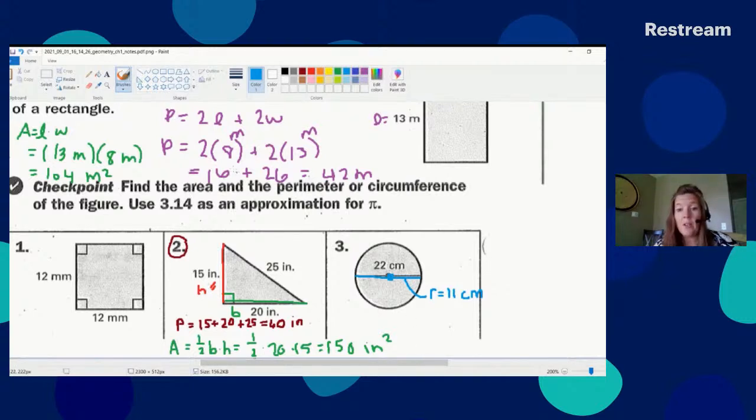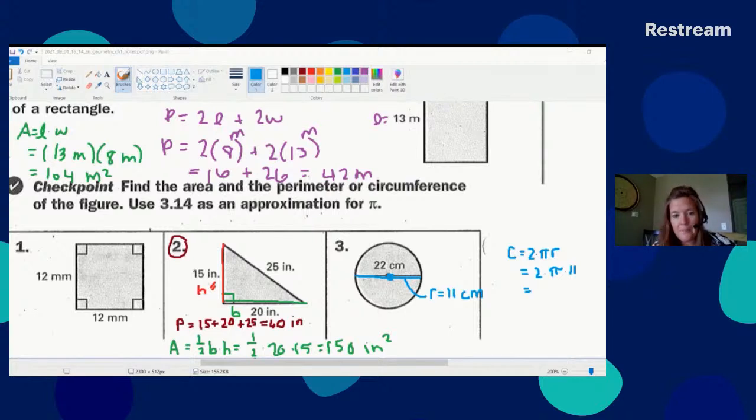All right, so we're going to find the circumference. Remember, that's what we call the perimeter of a circle. We call it the circumference. So the circumference is actually 2 times pi times the radius, or 2 times pi times 11. Okay, and they specifically told us to use 3.14 to approximate pi, so we're going to use that.